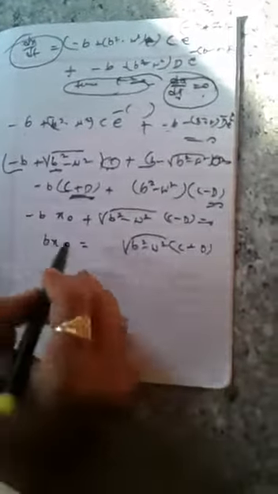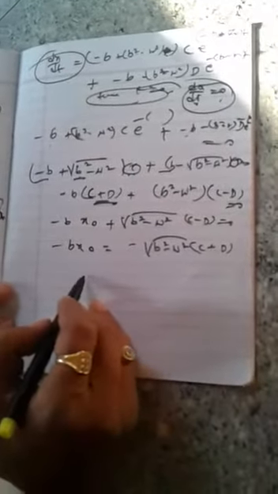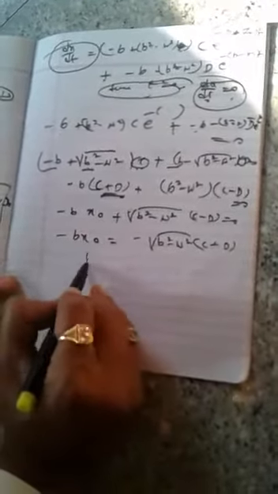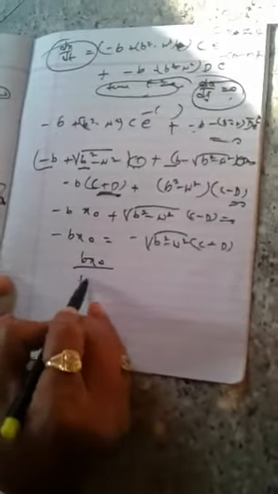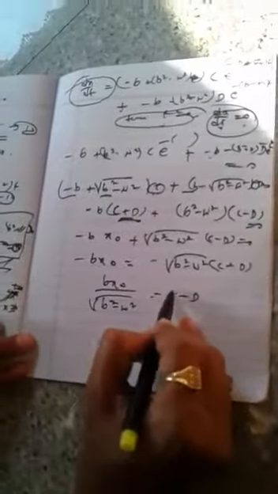Therefore b x naught by square root of b square minus omega square is equal to c minus d. This c minus d is called equation number 17. c plus d is one equation and c minus d is another equation.